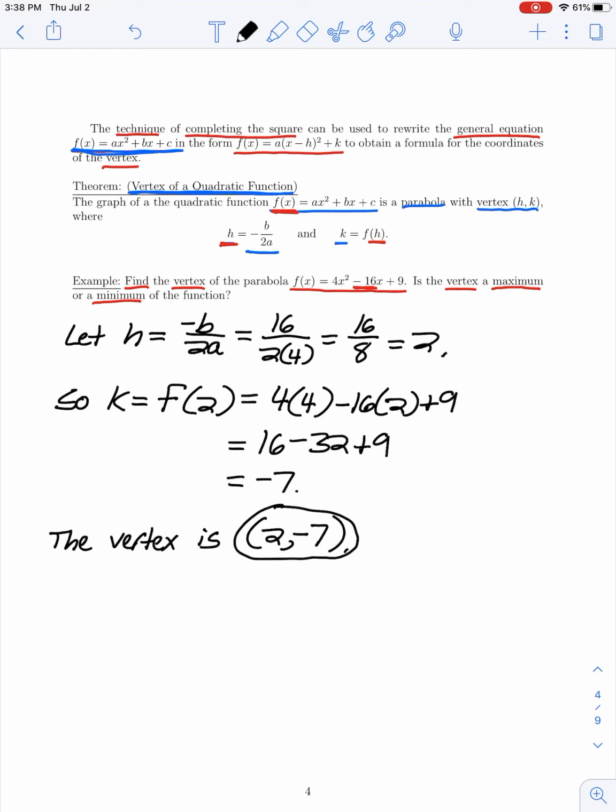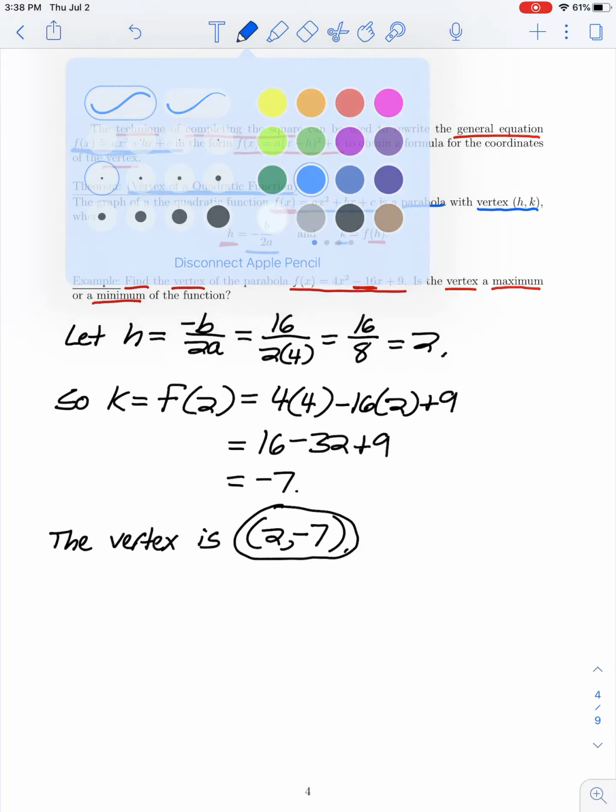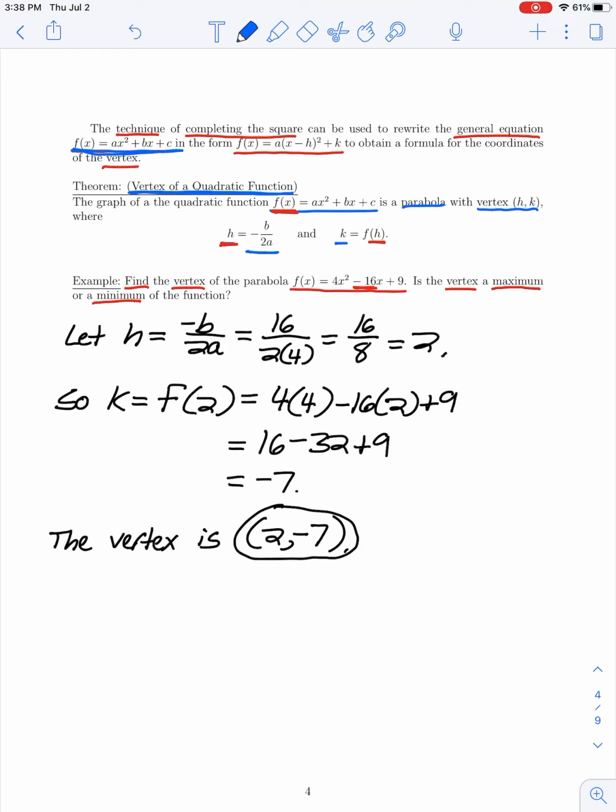So we found our vertex, and we are asked the question, is this vertex a maximum or a minimum? Now, to determine that, we can think about which direction our parabola opens. In this example, we have a coefficient of x squared, which is 4. So here, our coefficient a is positive, which means that our parabola is opening upward.